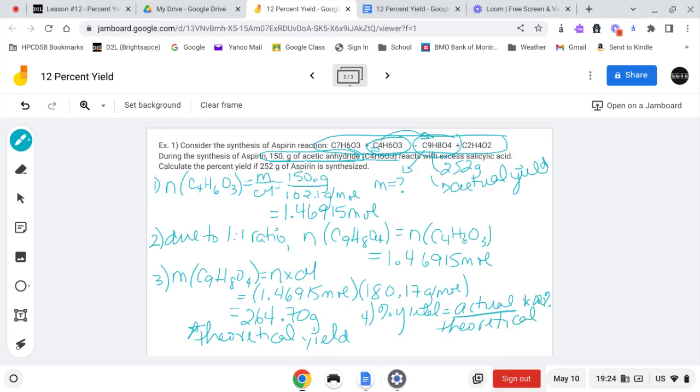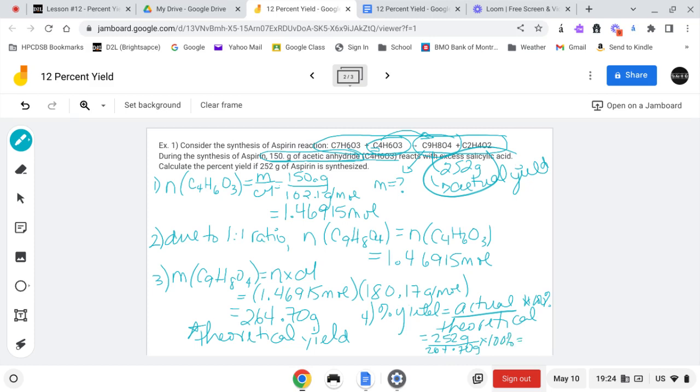And I'm running out of room here, but that's okay. So we're going to take that actual yield that they gave us back up here in the question, 252 grams, and we're going to divide by the theoretical yield that we just obtained, 264.70 grams, times 100.